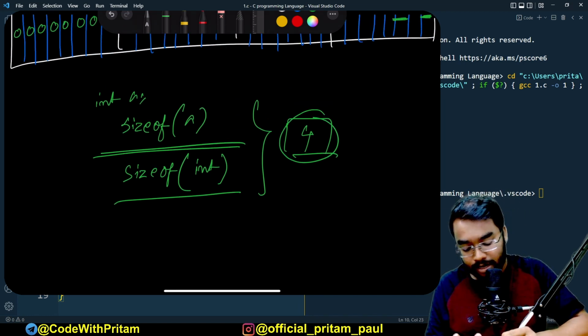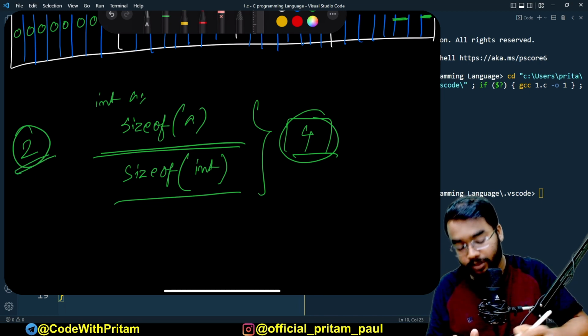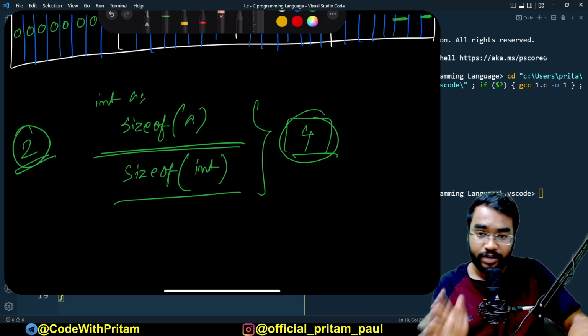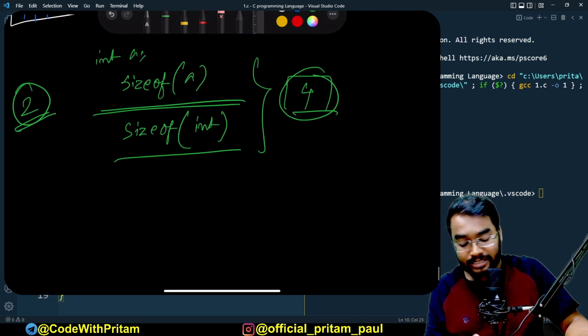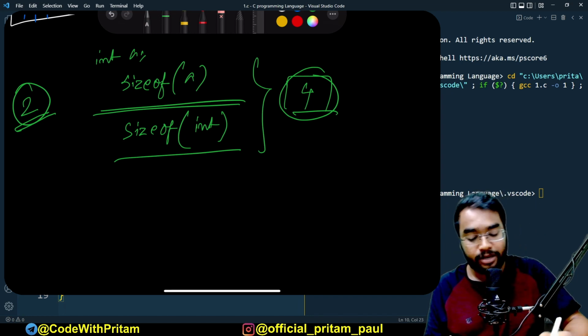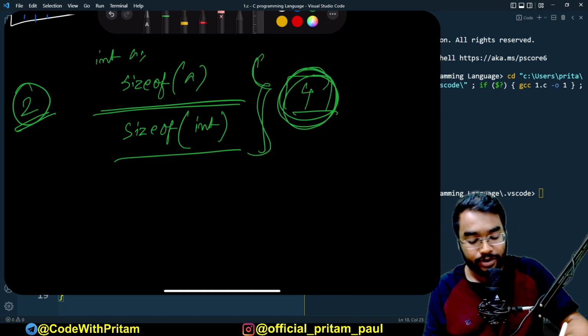In 16-bit it would return 2 only. In the chart in the data type video which I have talked about, in a 16-bit operating system it's 2, but in our operating systems it's 4. You can check it out by yourself.